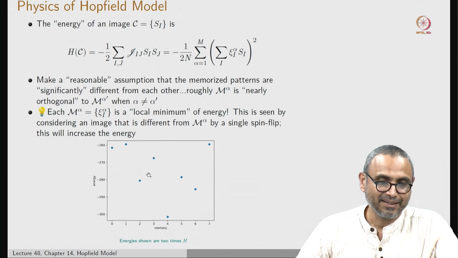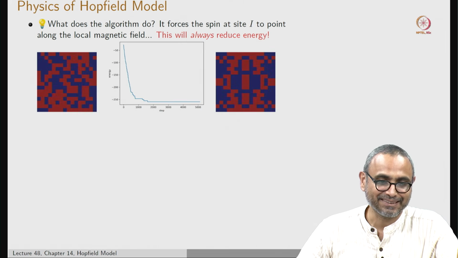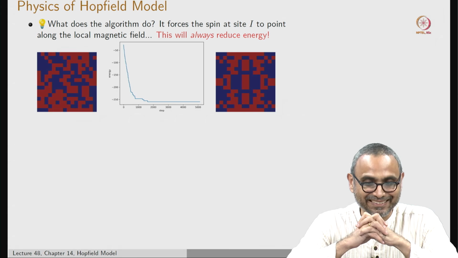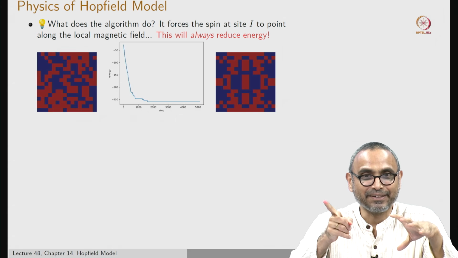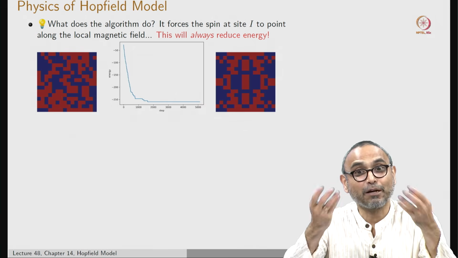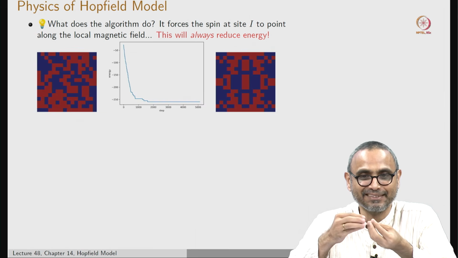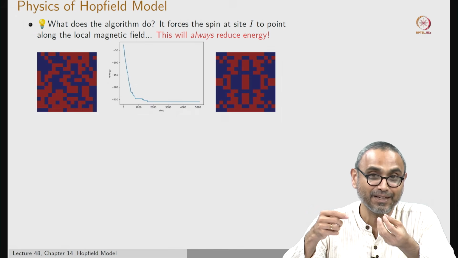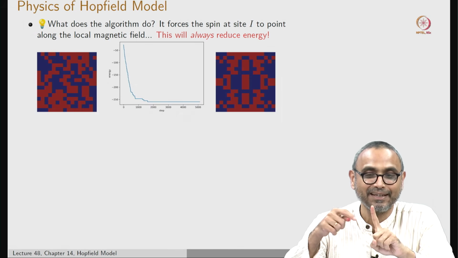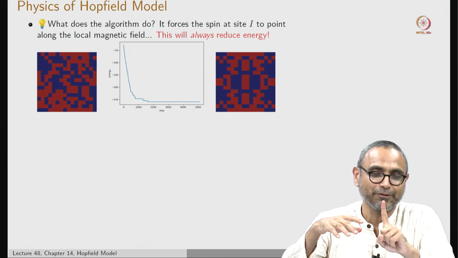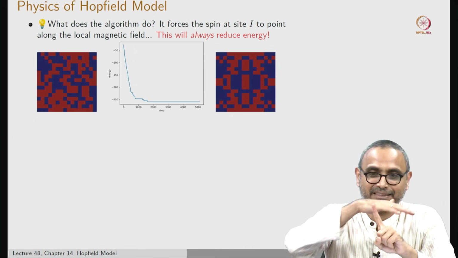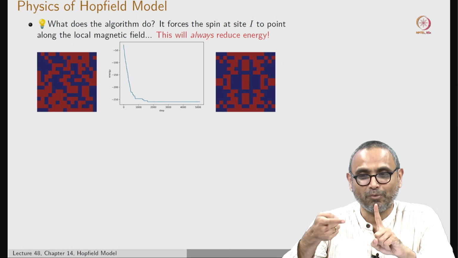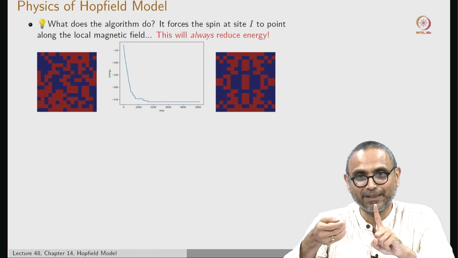So how does our algorithm help us? Think about what the Ising model is. The Ising interaction between the different spins can effectively be thought of as follows: if I look at a spin i, the other spins are in their own configuration, and what do the other spins do to the spin?